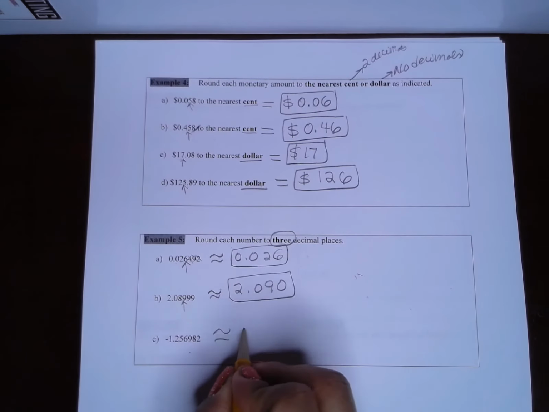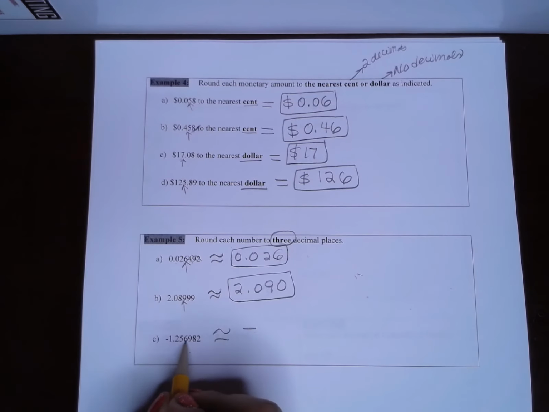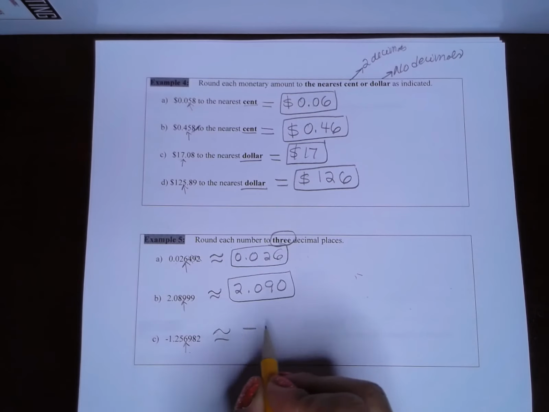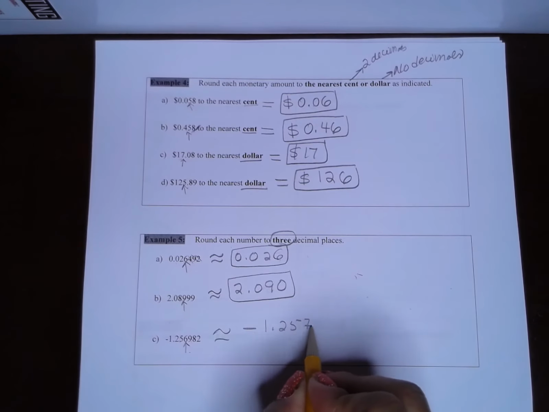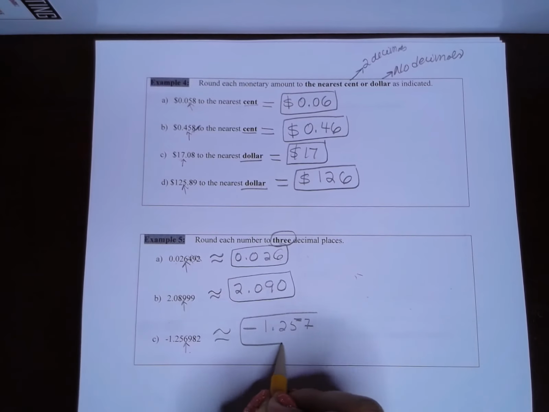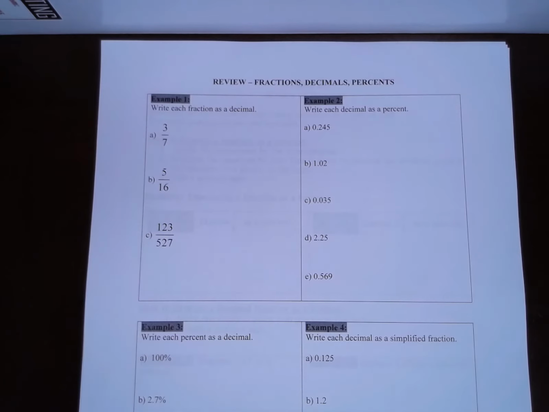The next one, again, remember that the negative doesn't affect the rounding. I recommend you just bring it over and then focus on rounding. So 3 decimal places. That 6 is followed by a 9. Therefore, this is going to become 1.257. Okay, so that's it for this page.